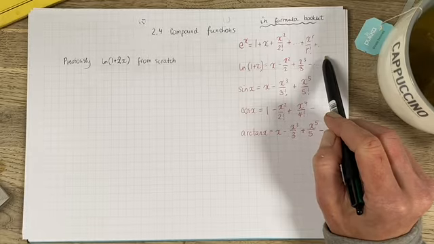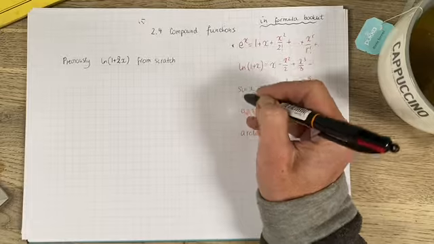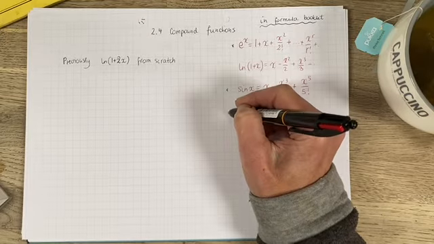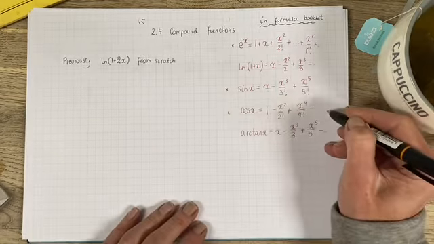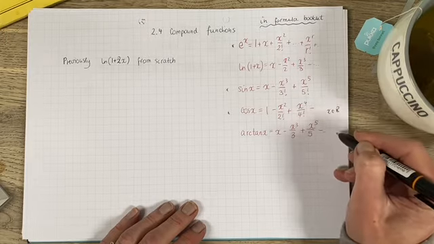So for example, e to the power of x, sine x and cos x are valid for all x belonging to the set of real values.